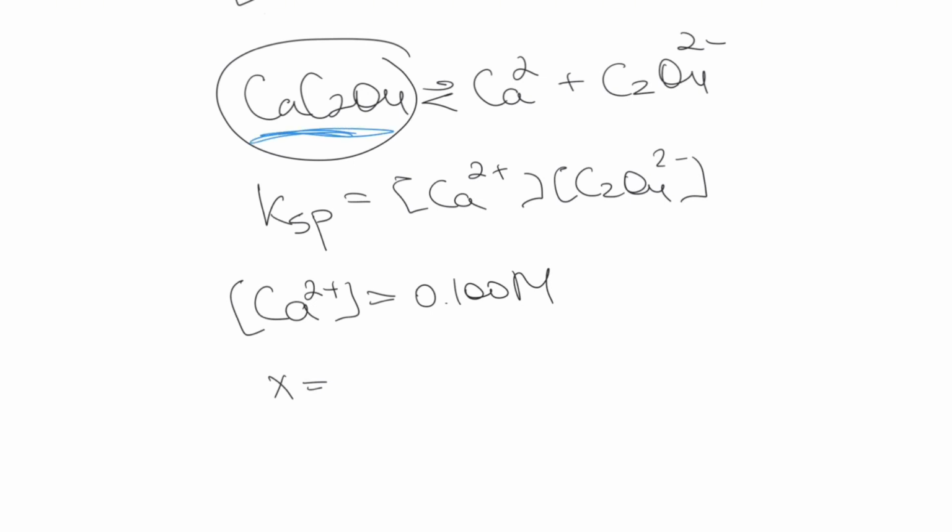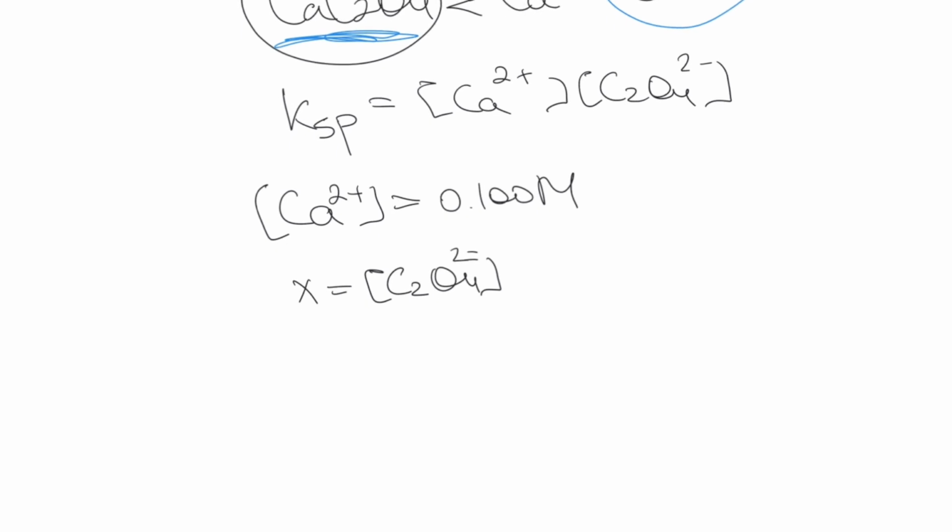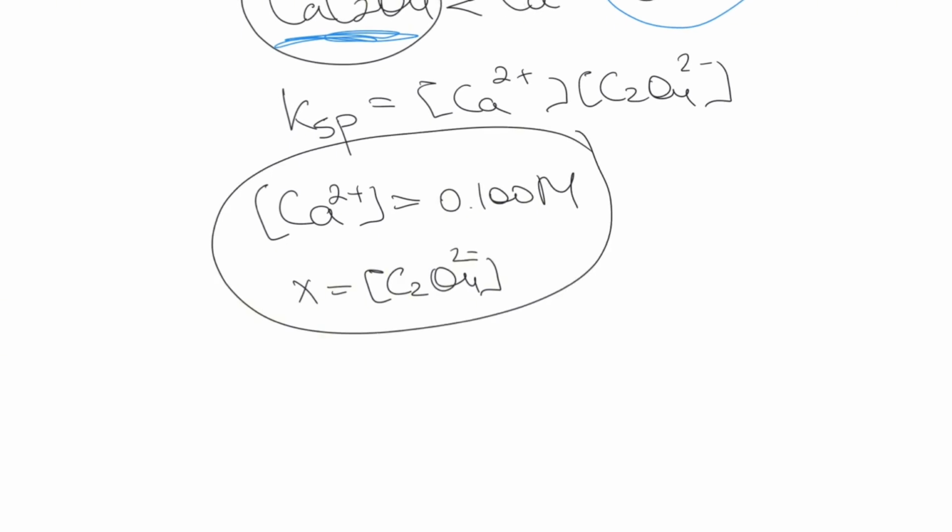Every mole of calcium oxalate that dissolves in the water will produce 1 mole of oxalate ion. So the concentration of oxalate ion, C2O4 2 minus, will be just equal to X. Now we will substitute these values into our KSP expression.